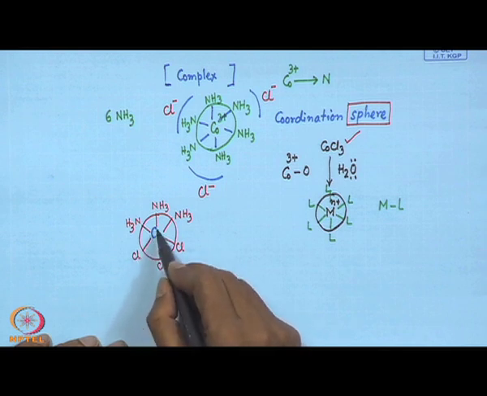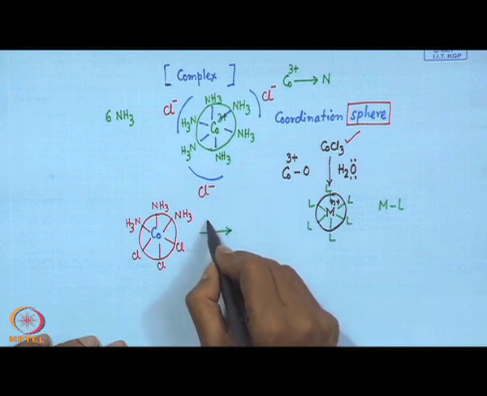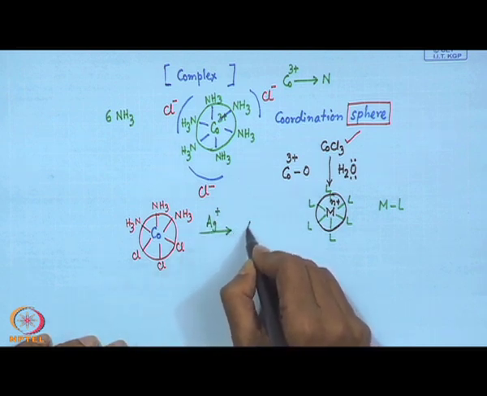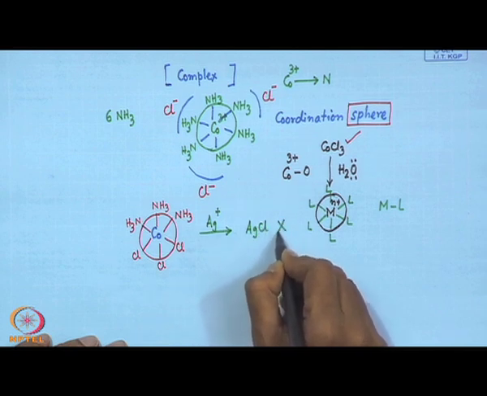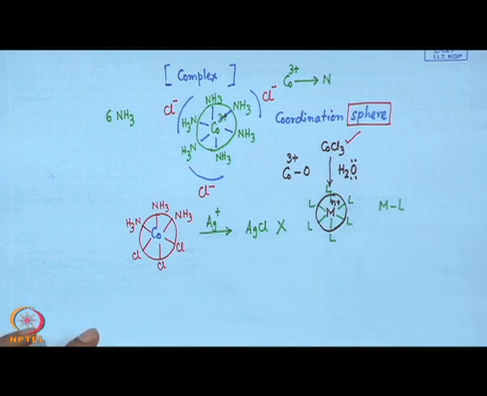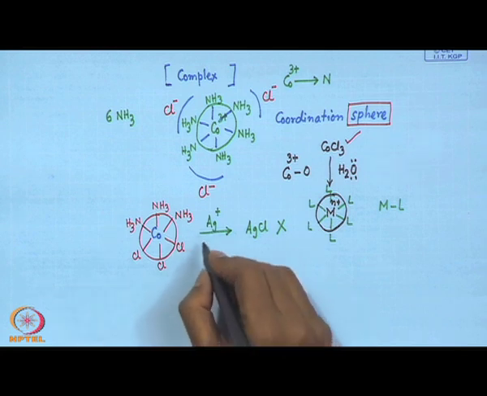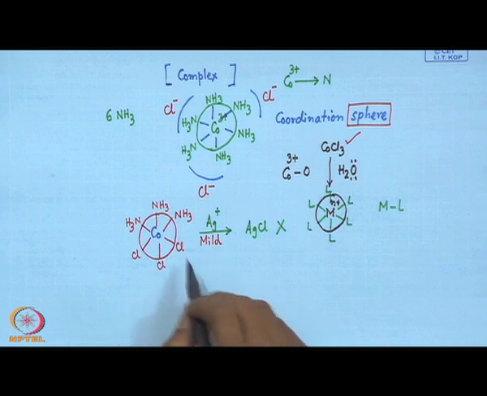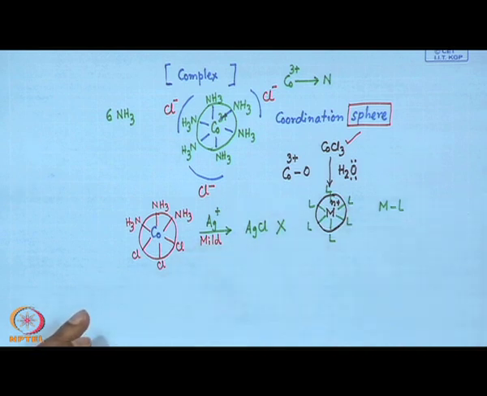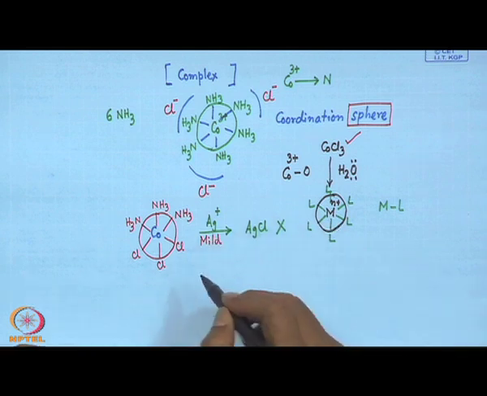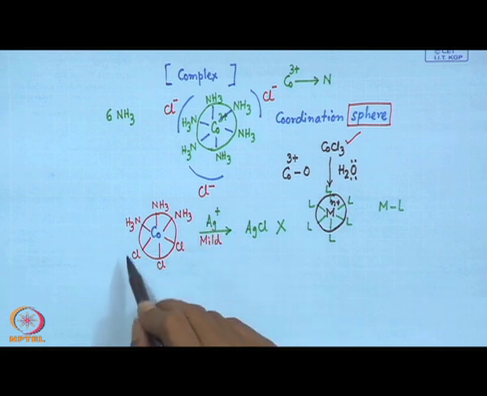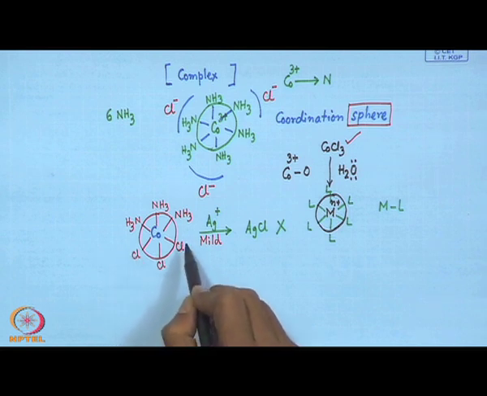Similarly, the chlorides are directly attaching to the cobalt, and the direct proof for that is that if we react with silver ion, silver chloride is not formed, because we are unable to remove the chloride. This is a very interesting observation under mild condition, and we will discuss as our classes progress that if the condition is mild, that means simple room temperature reaction and mere addition, just adding drop by drop the silver ion as a solution of silver nitrate, we are not getting the corresponding precipitation of silver chloride.